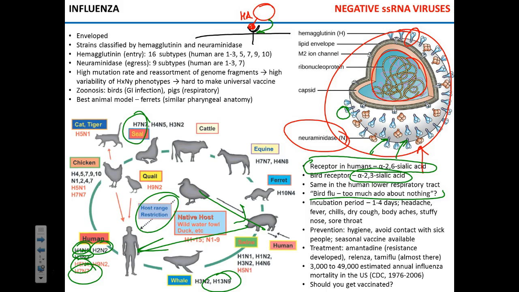So you're going to inhale all of that bird feces deep into your lungs, deep in the trachea, where you have the receptor. The same receptor as birds have in the digestive tract: alpha-2,3-sialic acid.